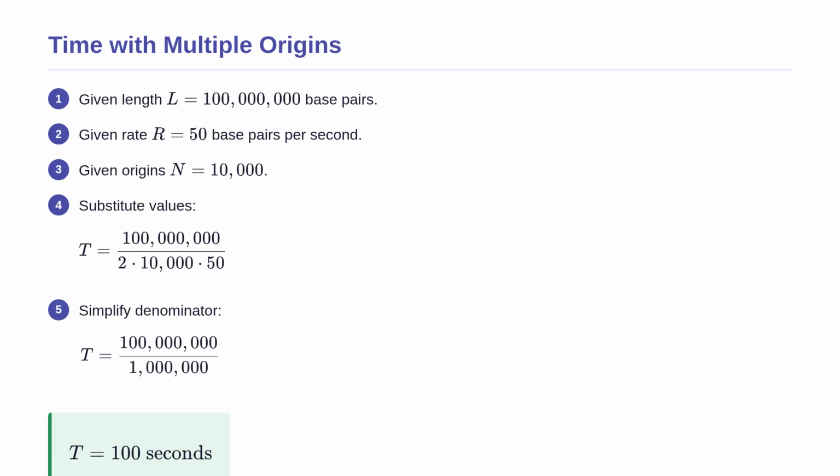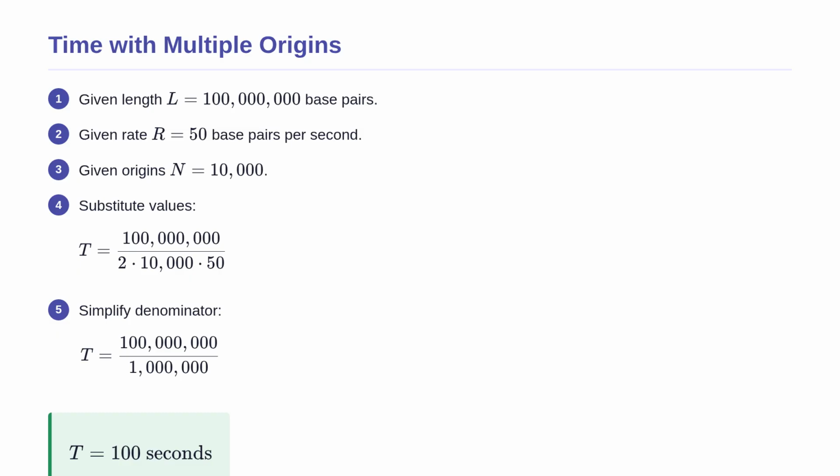Before we move on, let us see this formula in action with a concrete example. Imagine a human chromosome that is 100 million base pairs long. The copying enzyme moves at 50 base pairs per second. If the cell uses 10,000 origins of replication, how long will it take? We plug our values into the formula.